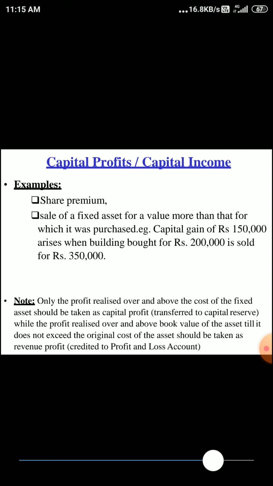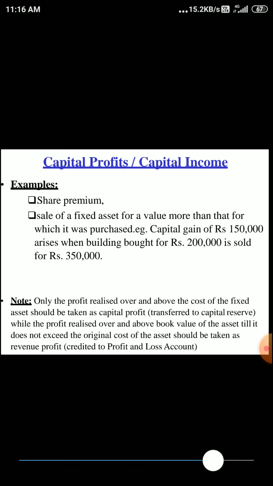So you are getting 50 lakh rupees totally, but you have to remove 10 lakh as the book value. So the total profit you are getting is how much? 40 lakhs. So that 40 lakhs of profit is the capital income. It is not revenue income. So we are not going to record this in our particular books of accounts. It is a separate amount of tax we are going to pay on this.